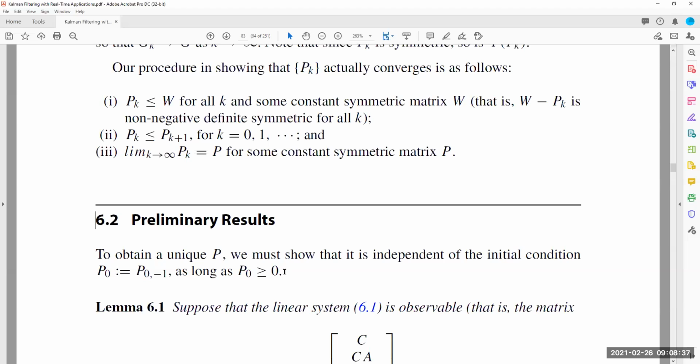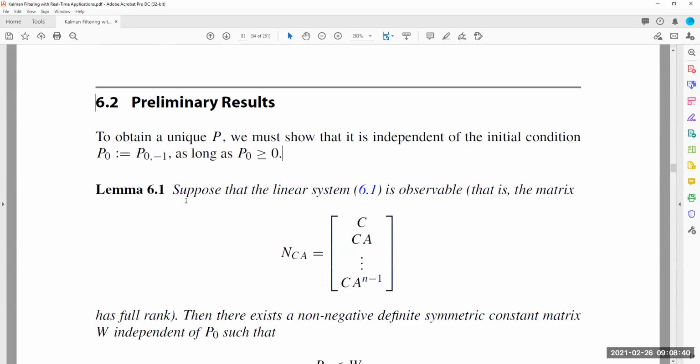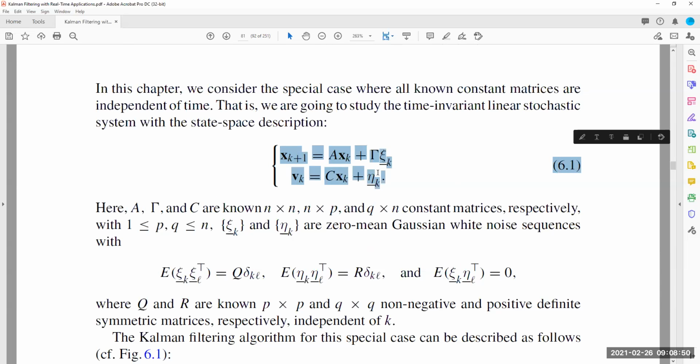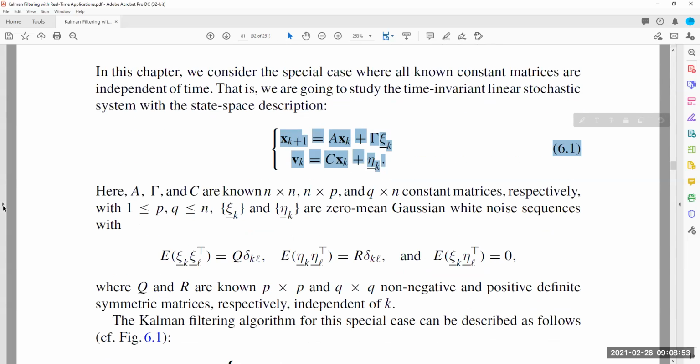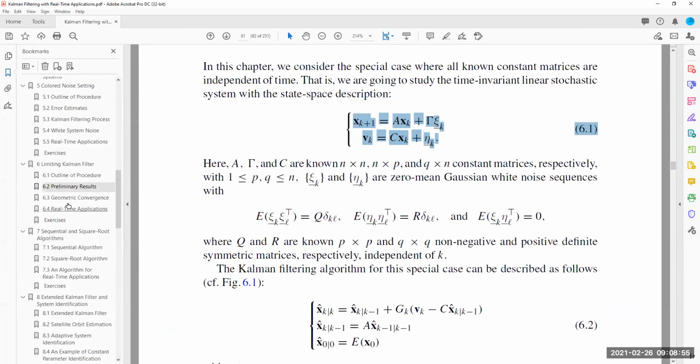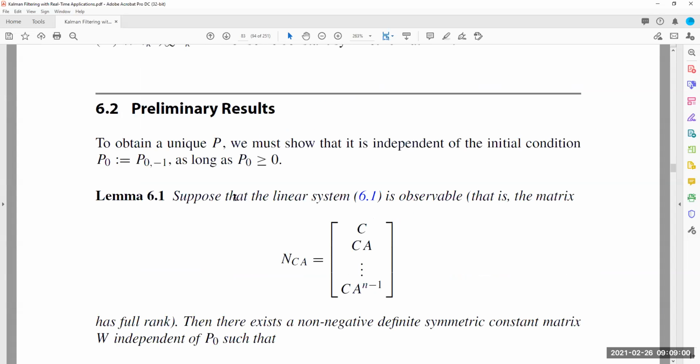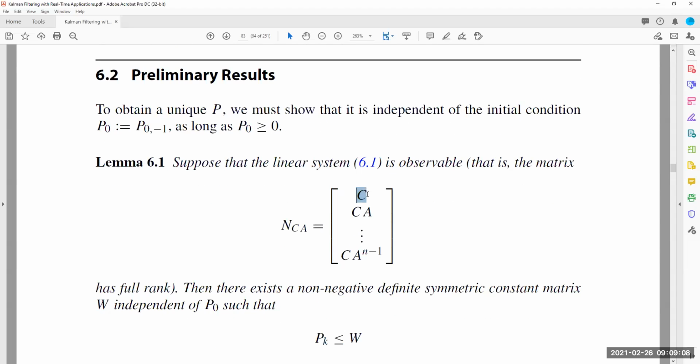The first step: in this book, it shows that first you have to assume that the linear system 6.1 is observable. That's one of the conditions. One condition to make sure the system is observable is the matrix with C, CA, until CA^(n-1).